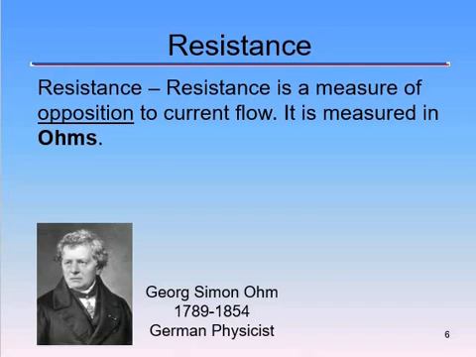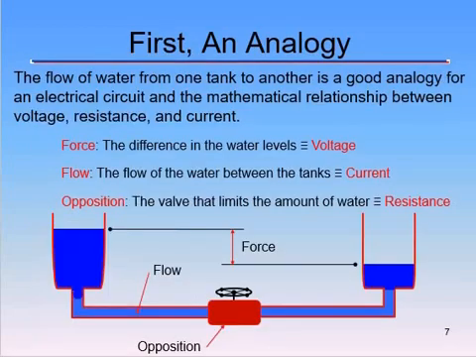The best way to think of it when you're at your house is taking a hose and turning the water on, where the water represents current. You have your force, the different water pressure levels. As for the flow coming out of the faucet, you come along and kink the hose.